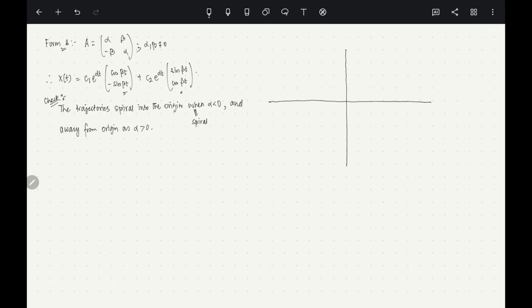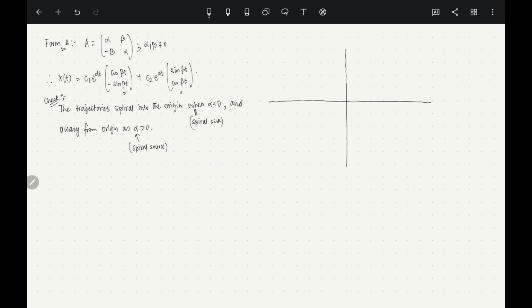Everything is coming towards the origin, so it is a sink. It is called a spiral sink. And this particular situation is called a spiral source. Why? Because everything is moving away from it. The origin is the equilibrium, right? So it's a spiral source, meaning it's moving away from the origin.